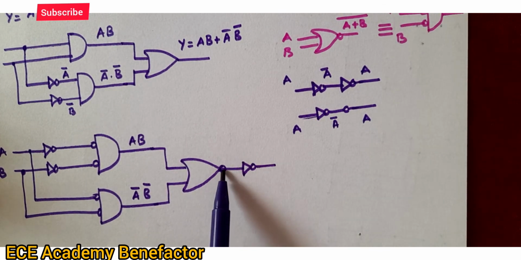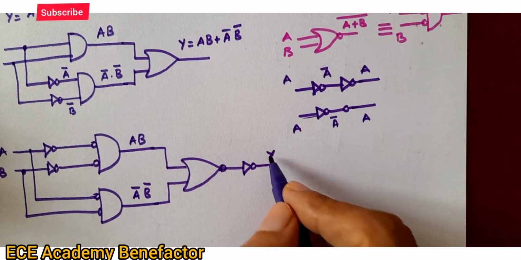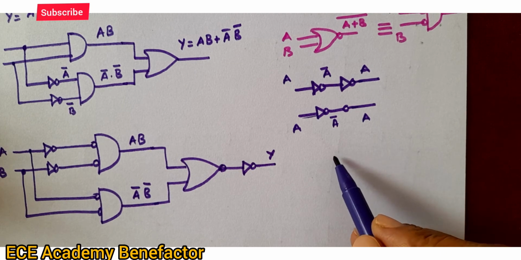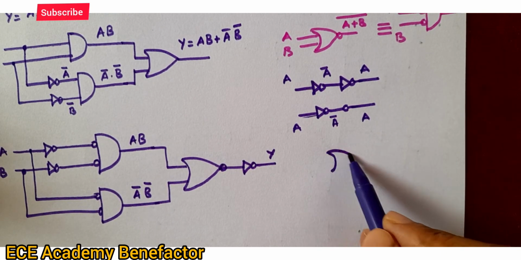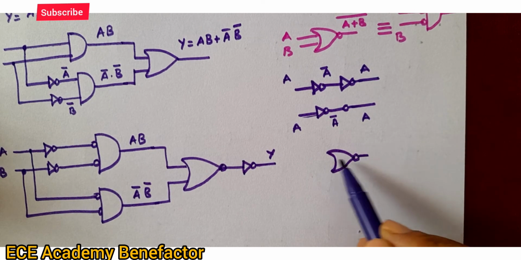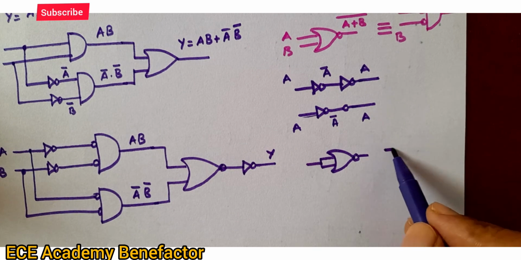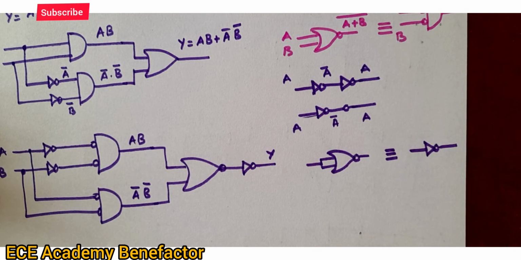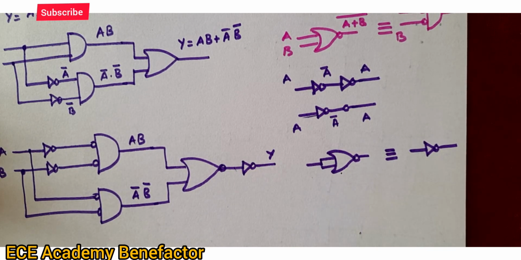So this bubble effect is cancelled by this NOT gate, and you will get Y. And what is a NOT gate in NOR gate? When both the terminals of NOR gate are connected together like this, it is equal to NOT gate. So here this NOT gate can be replaced by this NOR gate symbol.